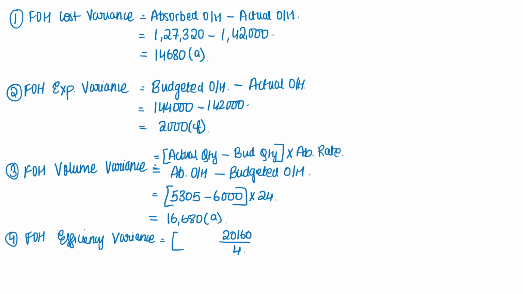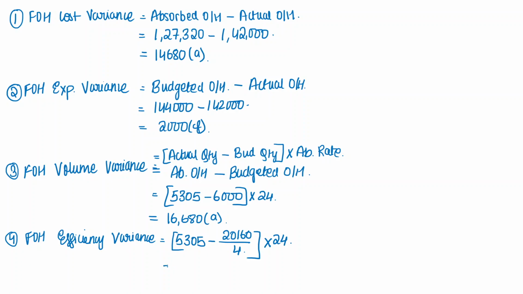That is equal to 5040 units, right? You actually made 5305 units. So good. Correct? Because you have made more units, you are more efficient. Because you are more efficient, you are able to absorb more. Do you agree with me?